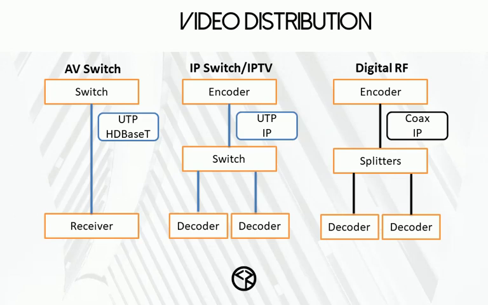And the nice part of this architecture, we're using an off-the-shelf 1 gig or 10 gig switch, and you're free to use any number of encoders or decoders as long as the switch system supports it. I define the two separate systems that use the same architecture as an IP switch is more of a switching, and you're expecting to go immediately from one image to the next with very little delay.